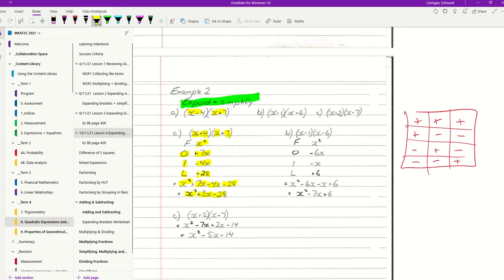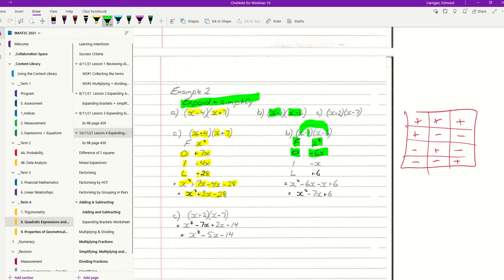Looking at my next one, I have got x minus 6, x minus 1. First terms, x squared, x times x. Outside, x times minus 6. They're the ones on the outside. Minus 6x.